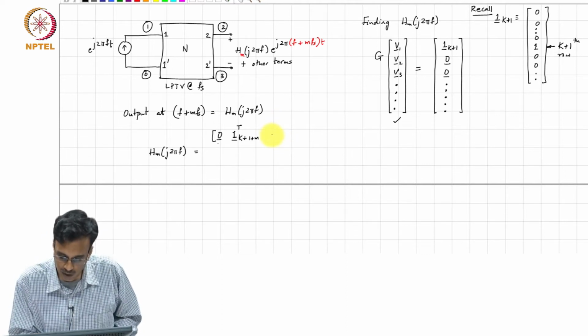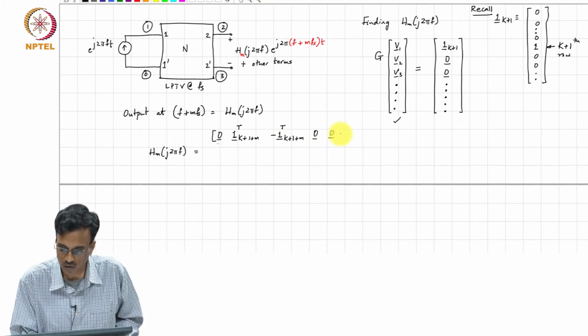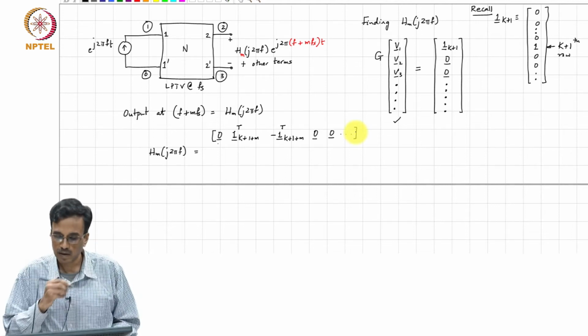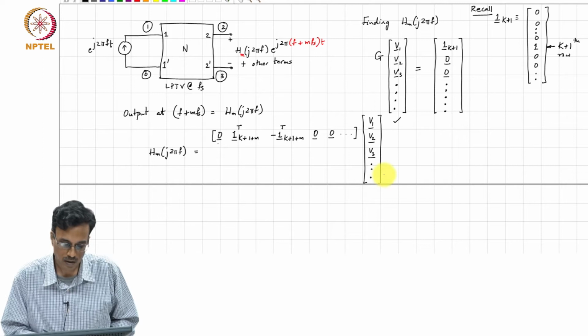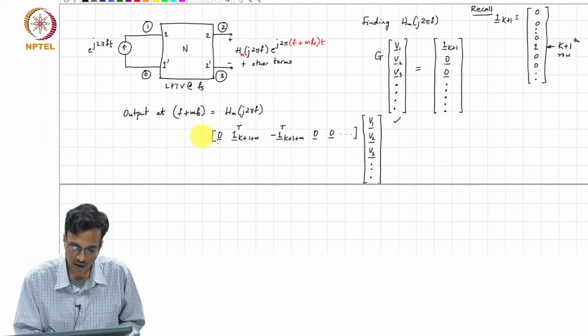The next one will be minus 1 capital K plus 1 plus m transpose, 0, 0, 0, etc. All right, and this multiplied by V1, V2, V3 will give us our desired transfer function, which is H sub m of j 2 pi f.